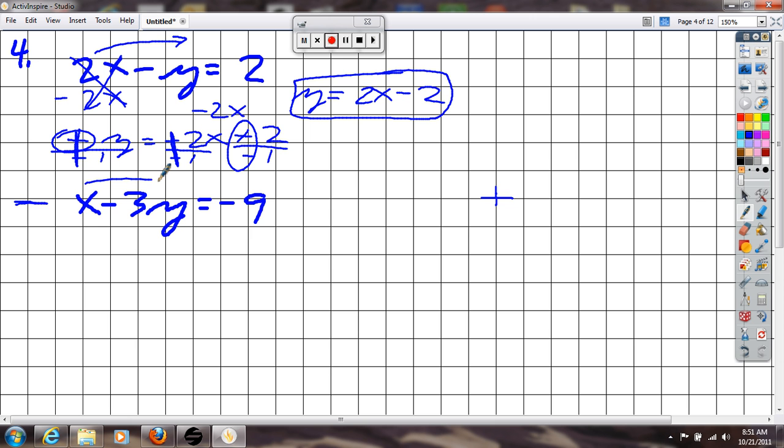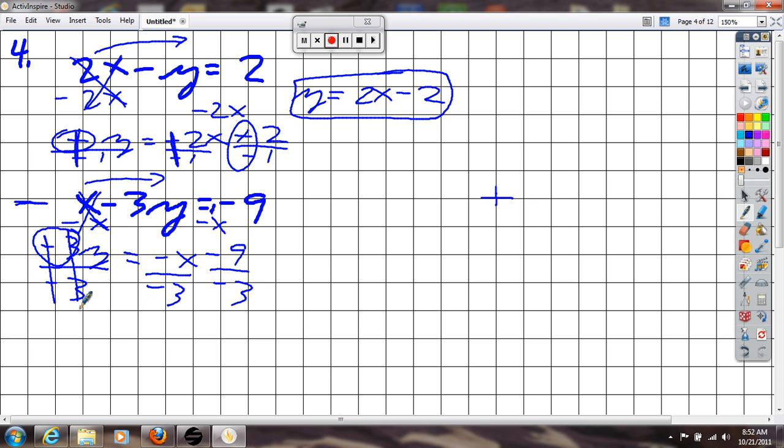I got to move the x to the other side, so I get negative 3y. I'm going to subtract x from both sides. It's going to go right there. These x's cancel. I get a negative 3y equals the negative x minus 9. But I can't have the negative 3. I can get y by itself. So now I divide by negative 3 on all of them, and I cancel. Negative in front of the 3's here cancel.